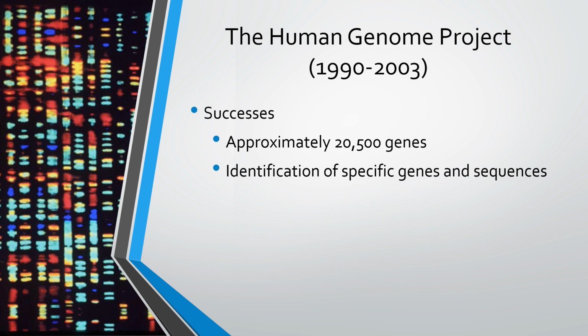What we've been able to do with the sequencing of the genome is identify specific genes and gene clusters that are linked to specific characteristics, be they mental, physical, emotional, lots of different areas that we've gone into.